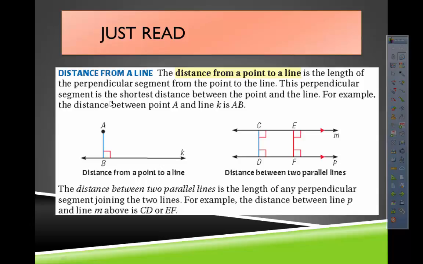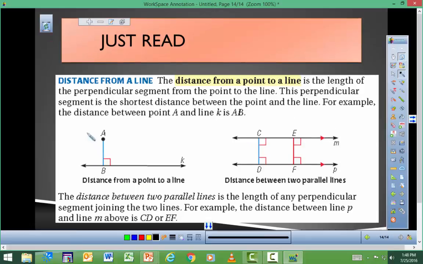This perpendicular segment is the shortest distance. So when we're talking about distance from a point to a line, we're going to go the shortest distance. In other words, we don't go from here to here and call that a distance. The distance is always going to be the shortest, and when you go the shortest, it's going to make a perpendicular, so you always get a right angle in there.